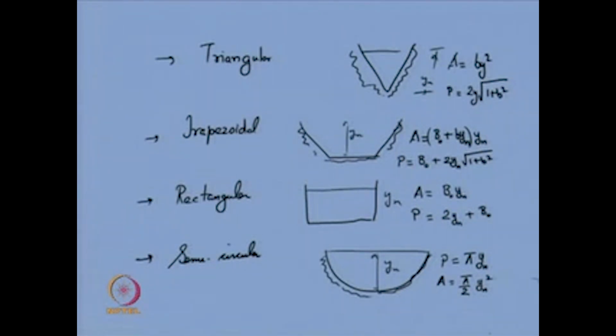So, as we mentioned, the hydraulically best cross section of the channel is the one having least wetted perimeter.